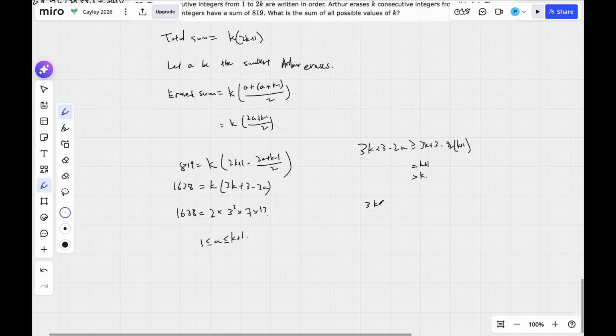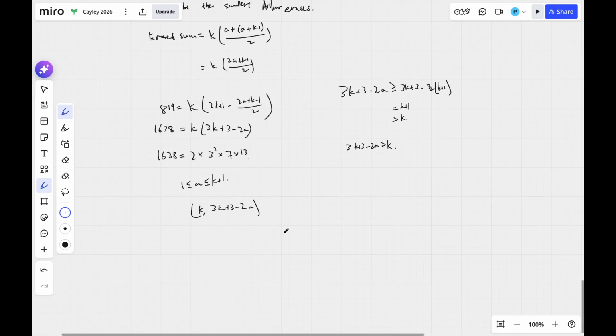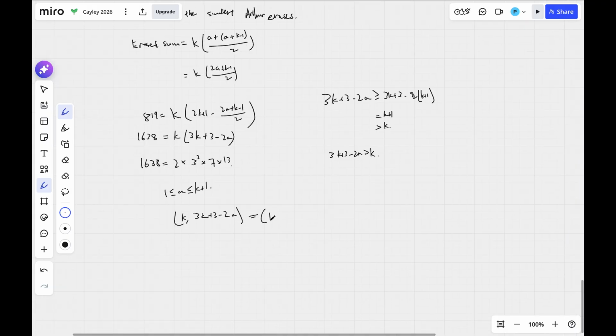So now we can do some bounding. 3k plus 3 minus 2A is greater than 3k plus 3 minus 2 times k plus 1, which is equal to k plus 1, which is greater than k. So this divisor, 3k plus 3 minus 2A, is greater than k. And since they multiply to 1638, we only have to test the divisors where k is the smallest one.